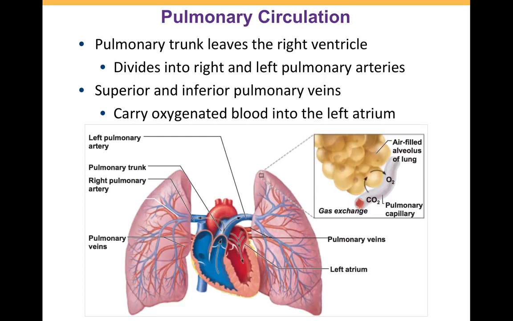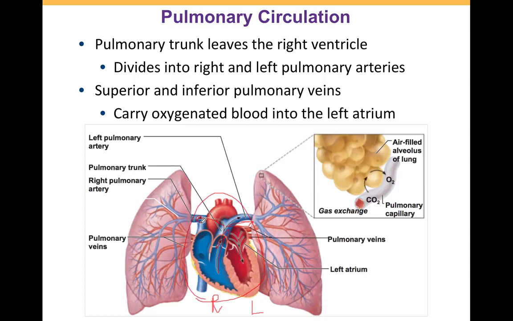So this slide is focusing on pulmonary circulation. We already discussed this earlier, so just to review, if you take a look at the picture I have here, you have your heart at the center. Remember that this is a mirror image of the anatomical positioning. So this side is the left side, and the side that is represented in blue is the right side. From the right side of the heart, you see blood going up and out to your left and to your right lung.